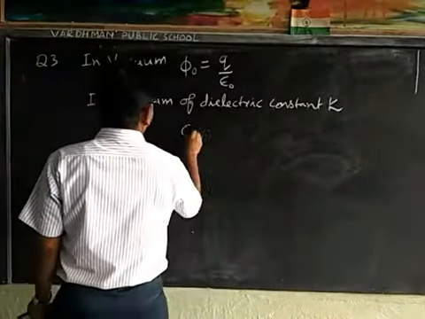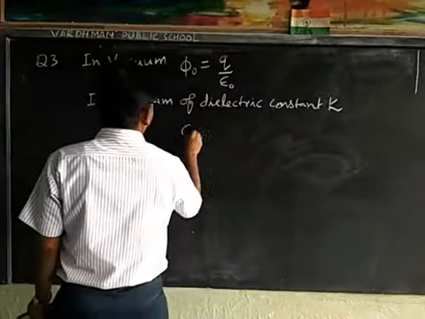Here the charge is Q microcoulomb, so we can write phi E from the entire surface is equal to Q into 10 power minus 6 coulomb upon epsilon naught, since 1 microcoulomb is equal to 10 power minus 6 coulomb.